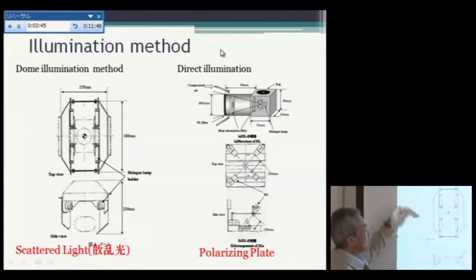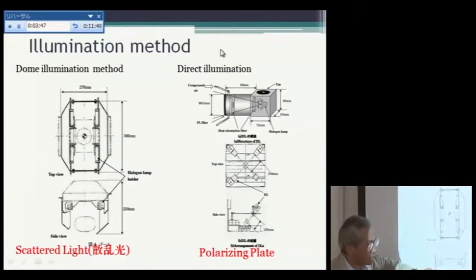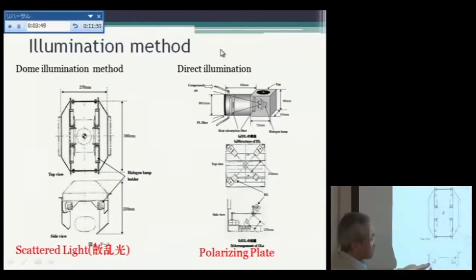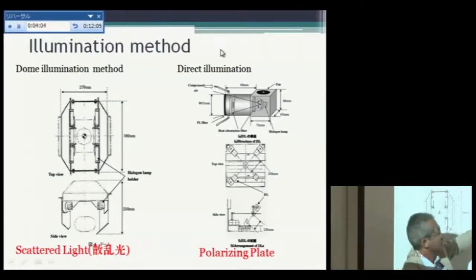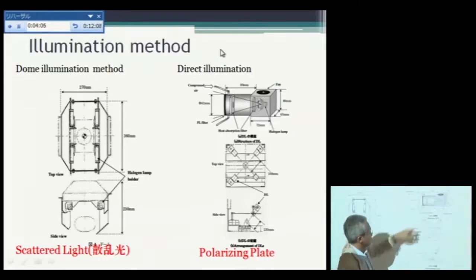Understand? Facing to the wall, not to the fruits. Then secondary reflection, tertiary reflection, so it is very softly radiated by these walls. That is the dome system, dome method. But for this one, direct illumination is needed, just directly radiating.